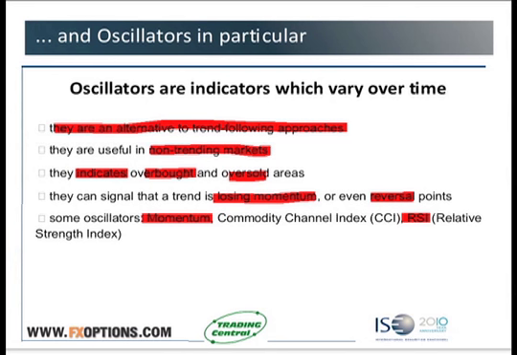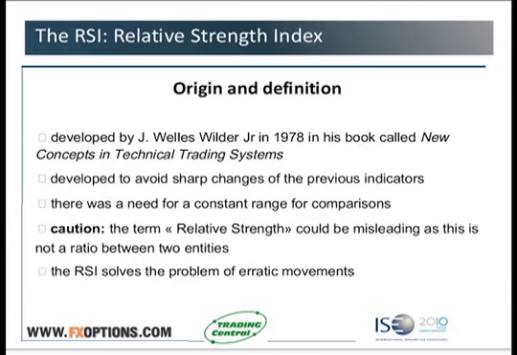It is its main drawback, and that's why the RSI has been developed by Welles Wilder Jr. in 1978. In a famous book, you can read it if you want to go deeper on the subject: New Concepts in Technical Trading Systems.